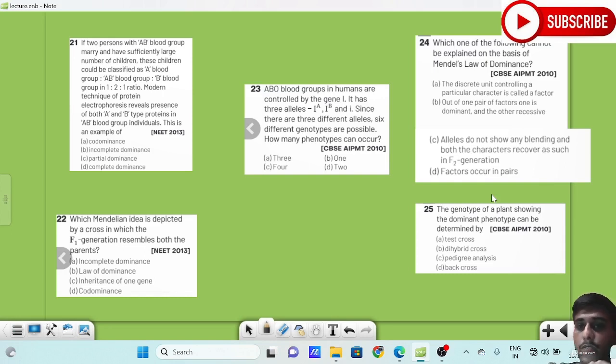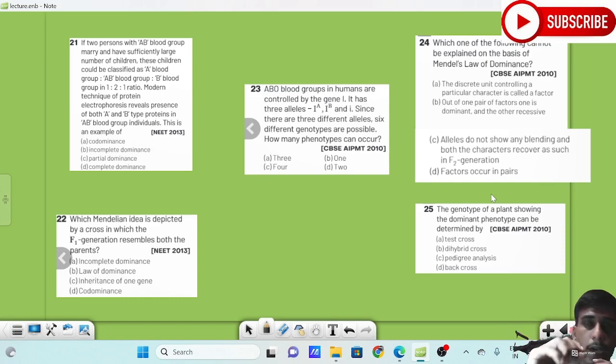Test cross is actually a part of back cross in which a progeny obtained is crossed with one of the parents. If the progeny is heterozygous and we are crossing it with the recessive parent, it is known as test cross, and if the crossing is with the dominant parent, it is known as outcross.